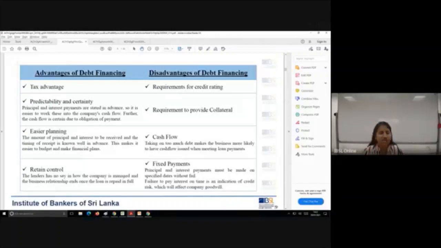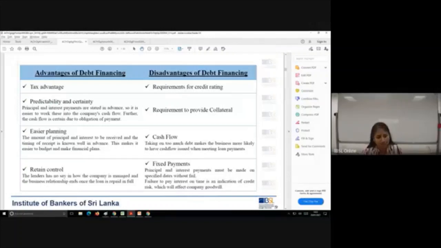Finally, retain control. Because you go for debt financing, you are able to retain control of the company. You don't give out ownership claims. You don't give out the ownership of the company. Therefore, the ownership doesn't get diluted.